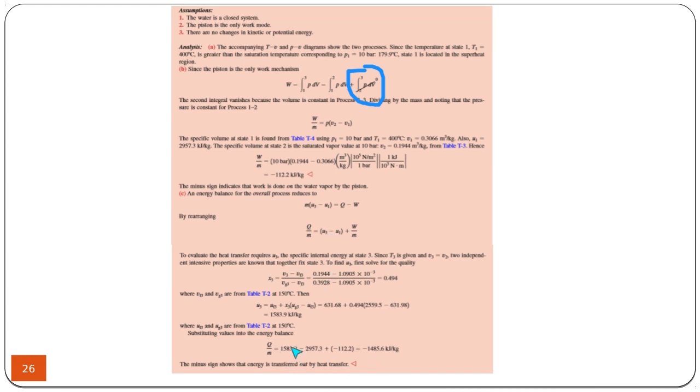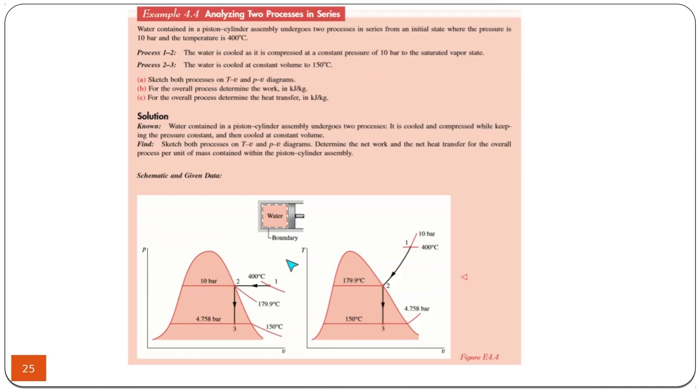So if we put everything in this equation, we will see that the Q during the two processes is minus 1485. It means that in order to get these defined results, this much heat must be lost. So it's necessary to cool the system in order to get the results defined here. Because normally, if you don't cool this, during the compression, the temperature may increase.